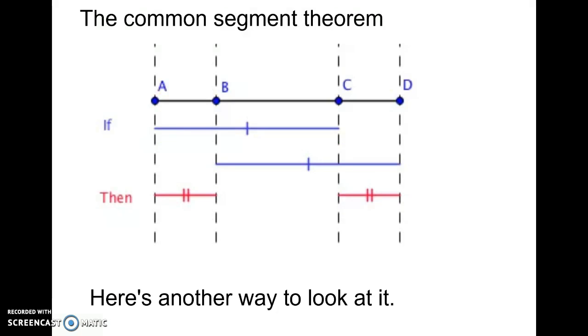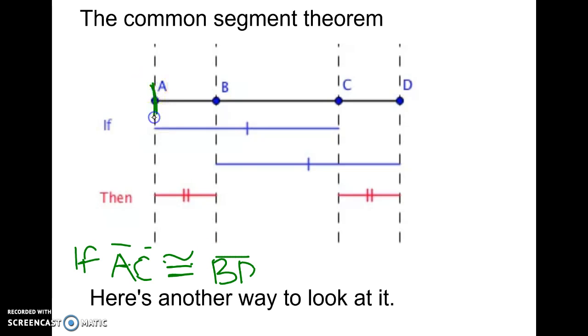And this is another way that it's written. So if segment AC, that's what you're going to write in your notes, AC is congruent to BD.